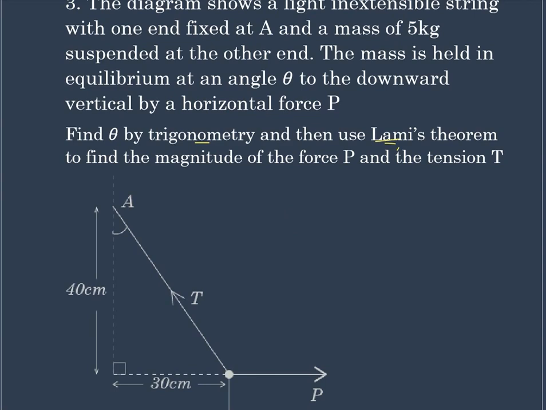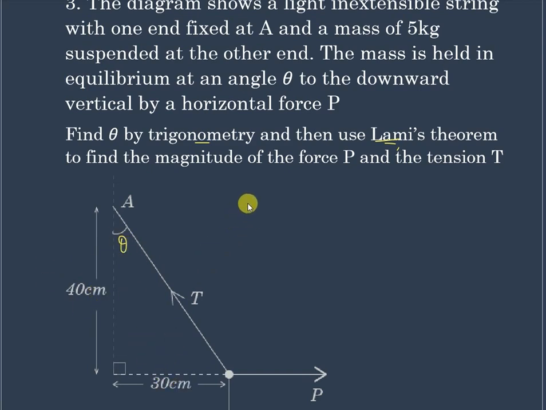So by trigonometry, we can get, they said use trigonometry. Actually, angle theta, I didn't indicate it in my file. You are going to indicate it yourself. We have theta. We can use the fact that this side is opposite, this is adjacent.